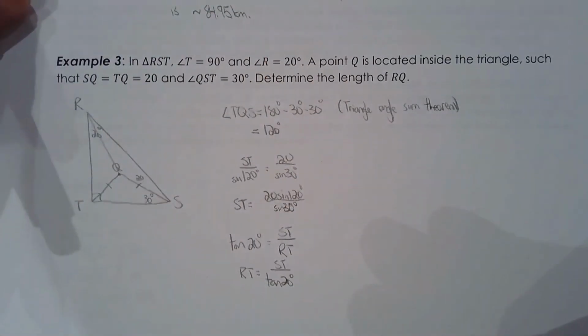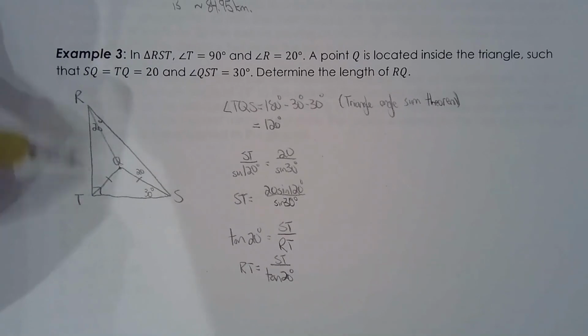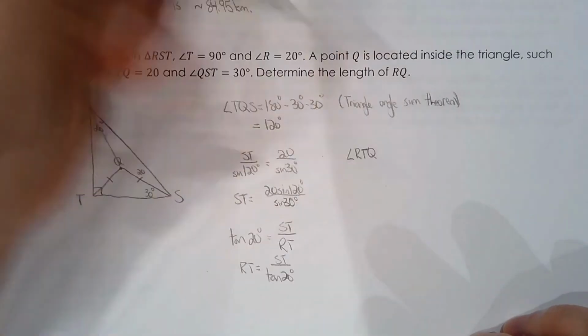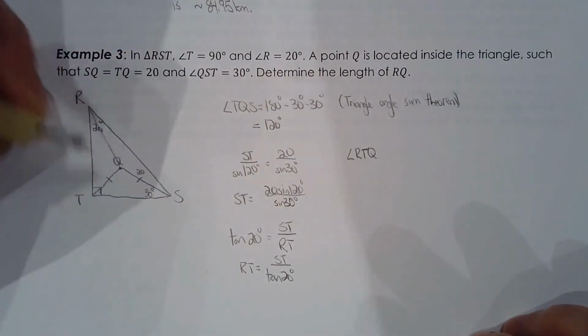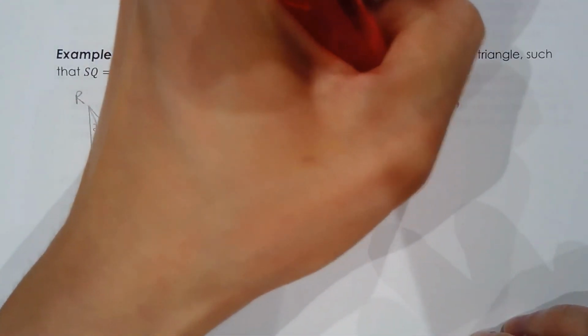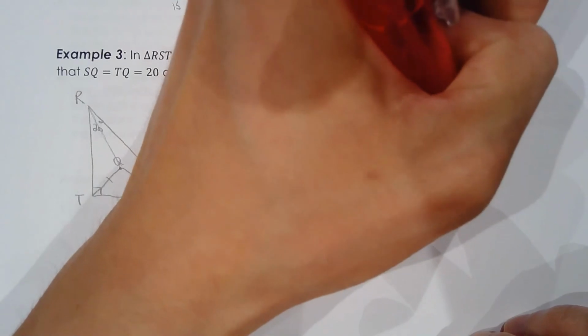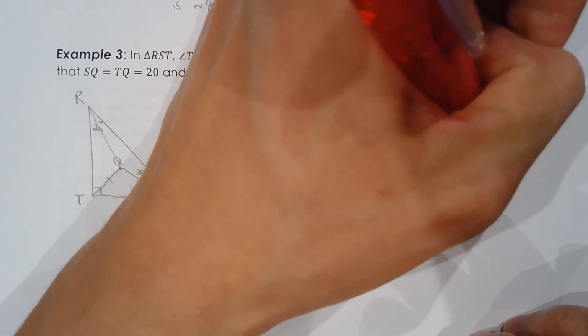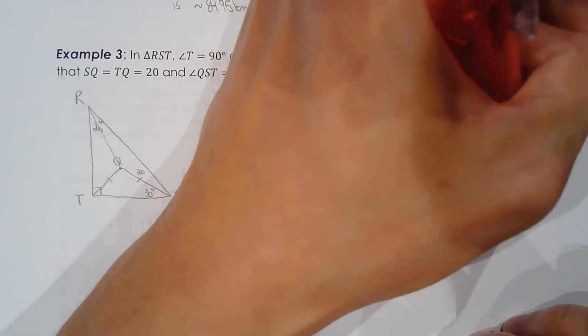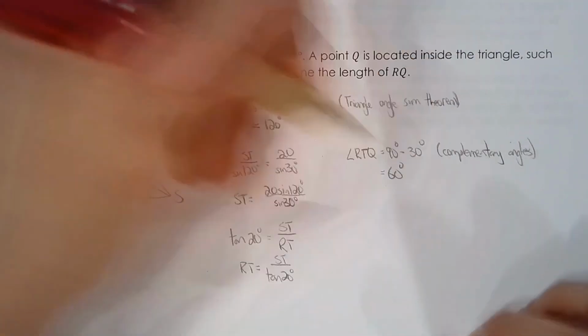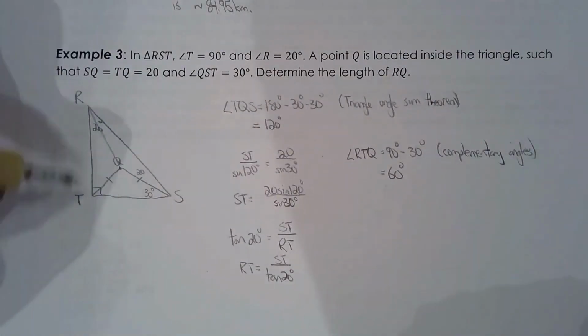Now we're getting closer. And angle RTQ is equal to 90 degrees minus 30 degrees, complementary angles, which is 60 degrees.